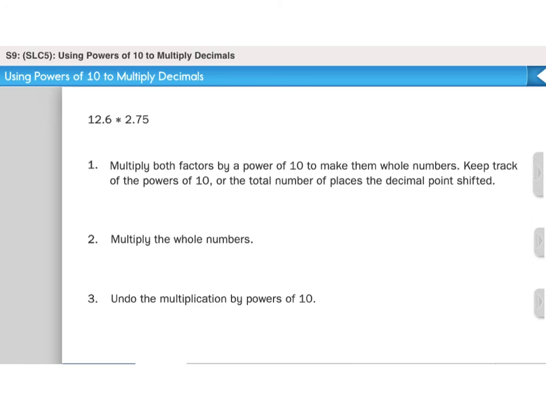Okay, so let's do this problem together. We have 12.6 times 2.75. First of all, we're going to multiply both factors by a power of 10 to make them whole numbers. When we do that, we're going to keep track of our powers of 10, or the total number of places the decimal point shifted. So first, we're going to multiply 12.6 times 10 to the first, which will now give us 126.